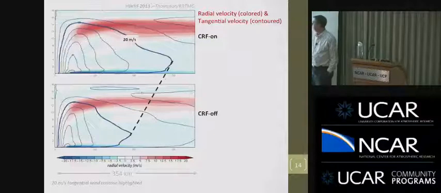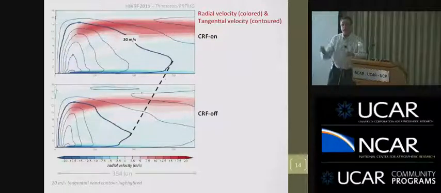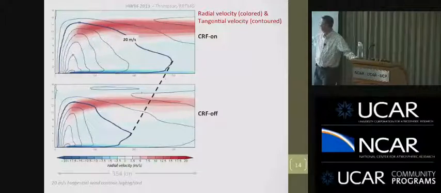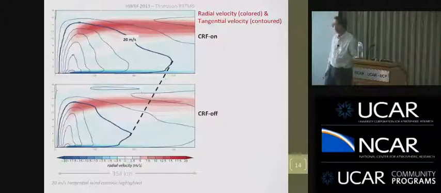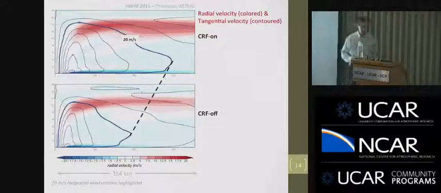Blue is in, red is out, and superimposed with the contours is the tangential wind field. I've highlighted here the 20 meter per second contour because that's approximately the gale force wind. Okay, so what we can see in this case is the CRF on simulation is significantly larger than the CRF off simulation, not only at 10 meters, but through the entire troposphere.